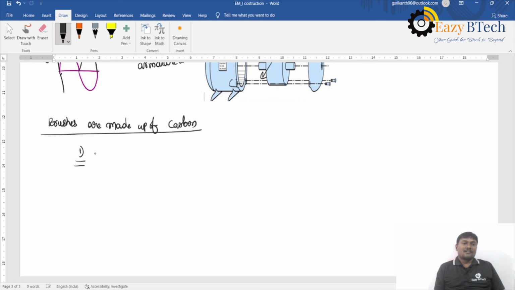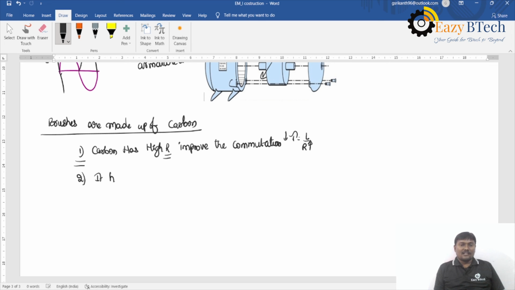Generally the brushes are made up of carbon. So what are the advantages of carbon? Carbon has high resistance, so we can improve the commutation process.